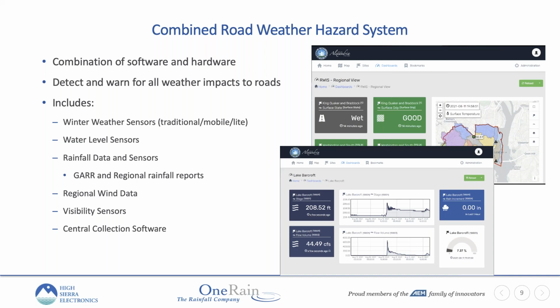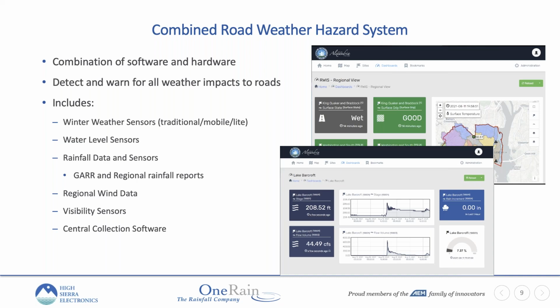And we'll spend some time looking at that. These include things like winter weather sensors that we've come to know, being able to detect pavement state and temperature, but it also includes things like water level sensors, rainfall data, getting regional wind data so you can start to detect for approaching a high wind or low visibility area, and essential software that we're going to tie all that together with.